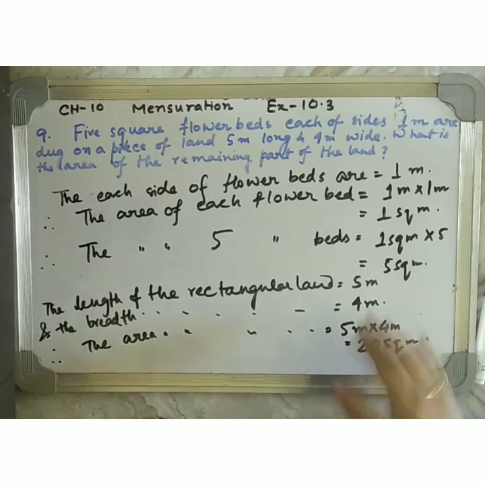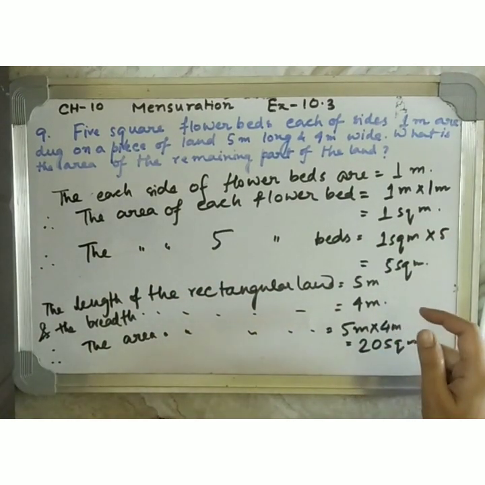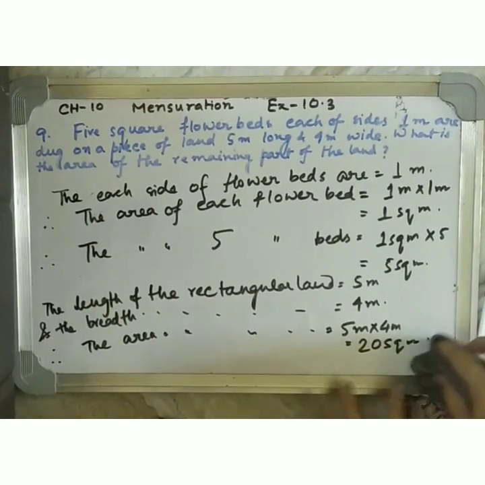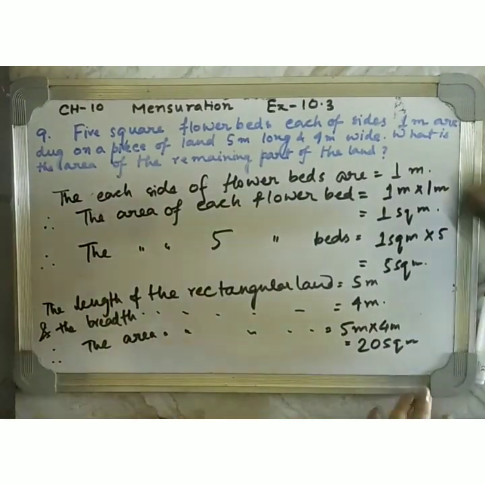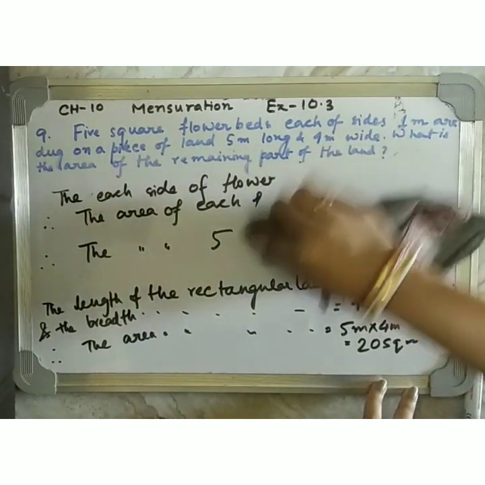Okay, and 5 flower beds were dug out. So the area of 5 flower beds is 5 square meter. Okay, now what to do? We have to find the remaining part of the land. So I'm just rubbing it out. I hope all of you have written it.